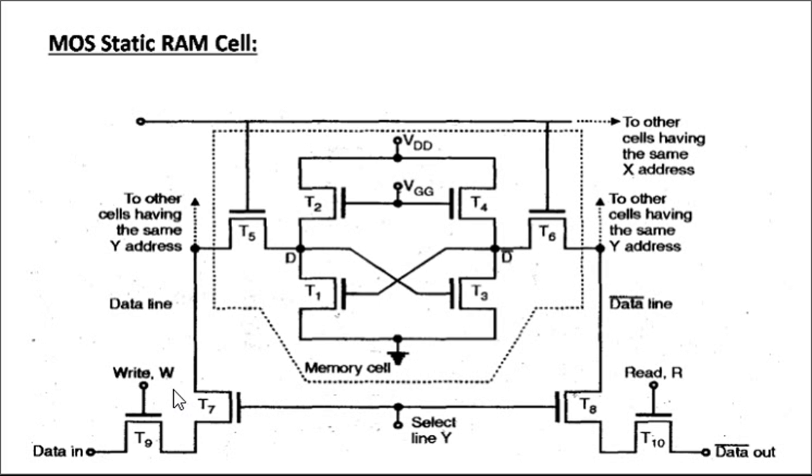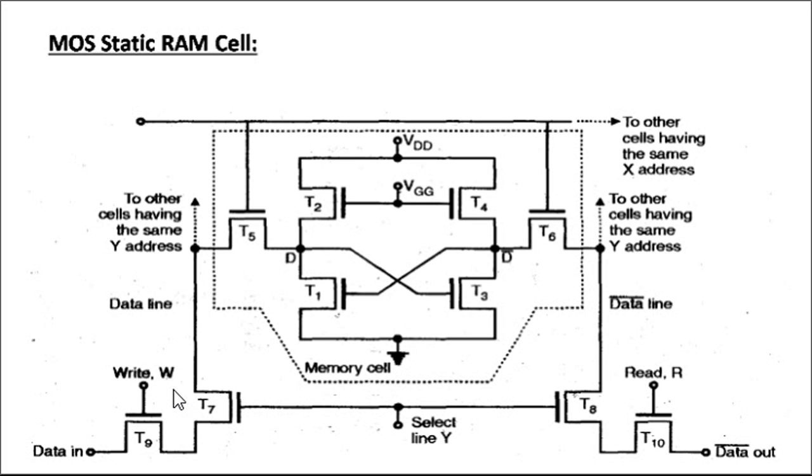If new data on the data in pin is logic 0, then T2 will be cut off and T1 will be turned on.